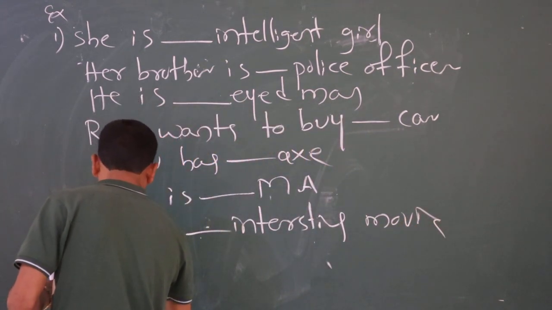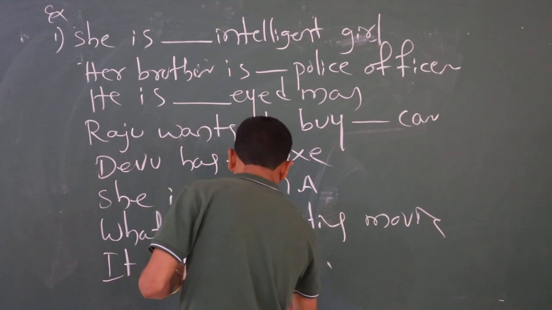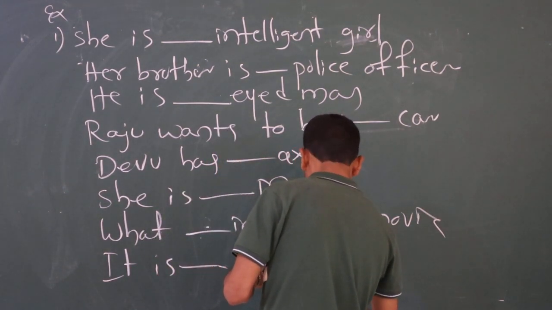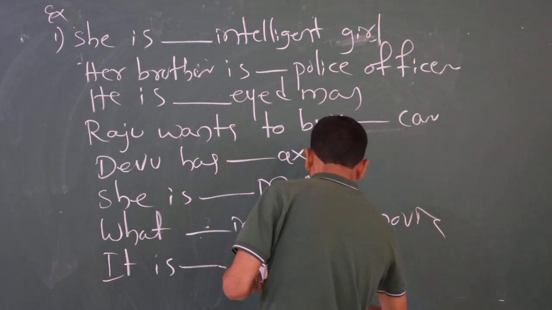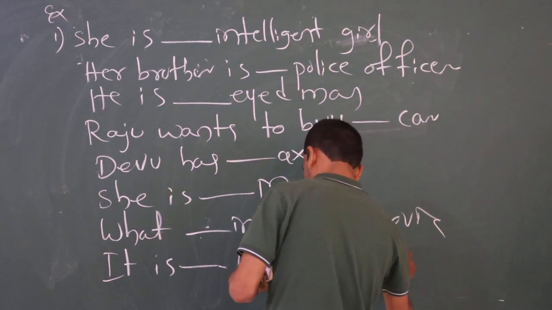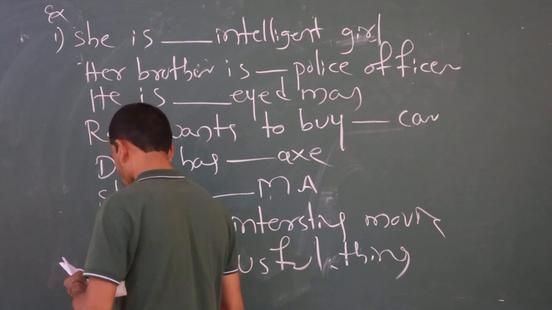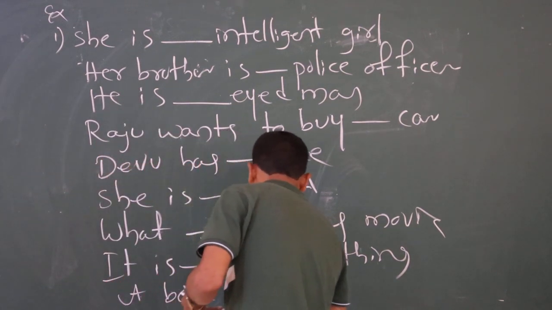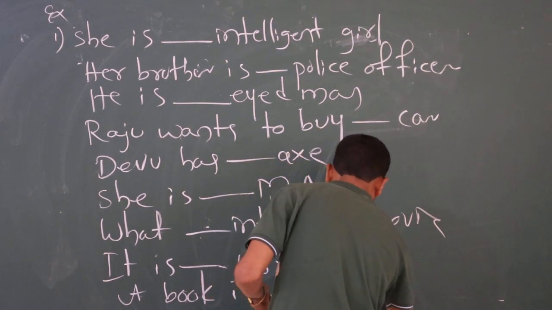It is dash useful thing. A book is like a mirror.